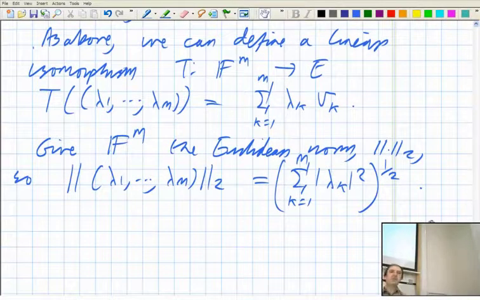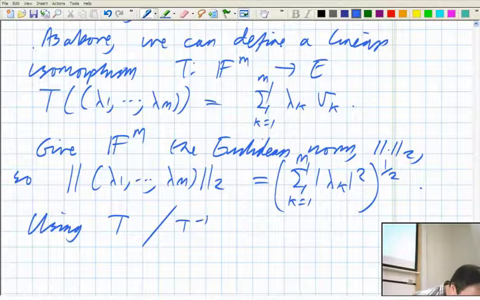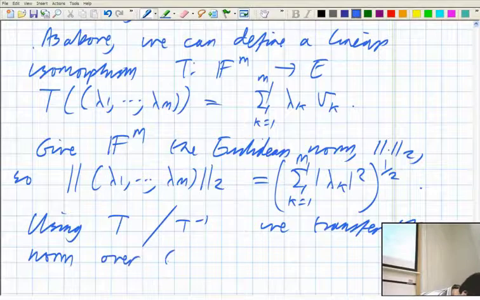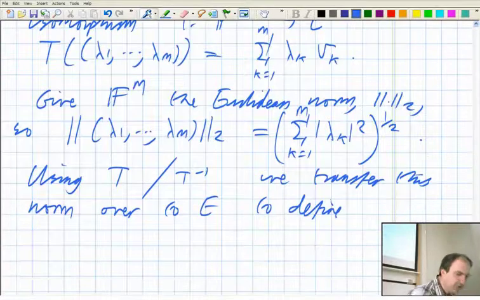Then using T or T inverse, whichever you like, we transfer this norm across over to E to define what I'll call norm 2 again.